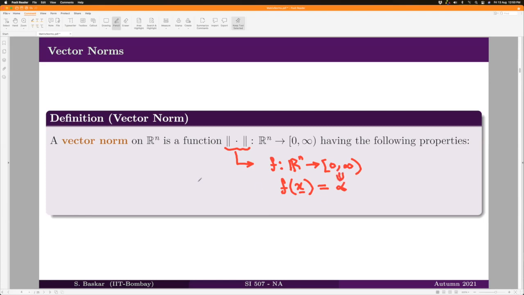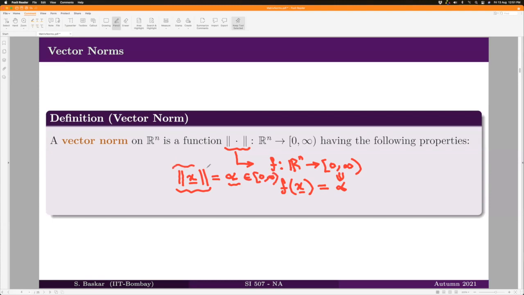The same idea here, it's just a notation where you take any vector x and put it like this, and that gives you a number alpha. So you will adopt some formula to this notation depending on the coordinates of the vector x, such that the value of that formula is some number alpha, and that belongs to this interval 0 to infinity, right?